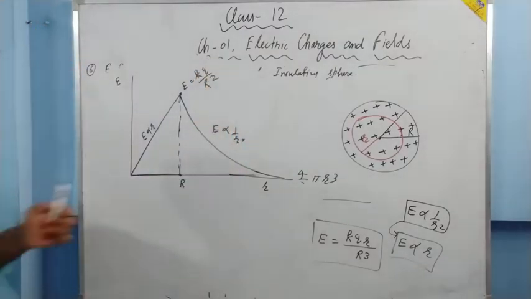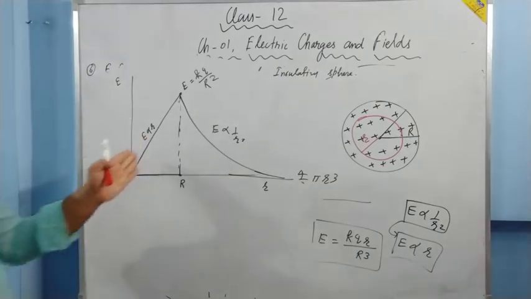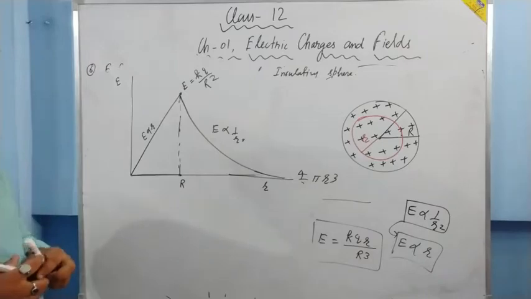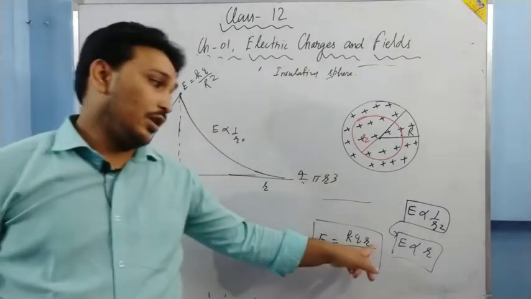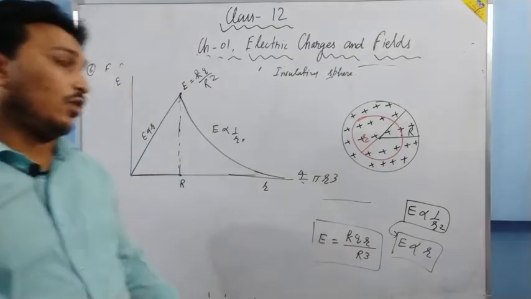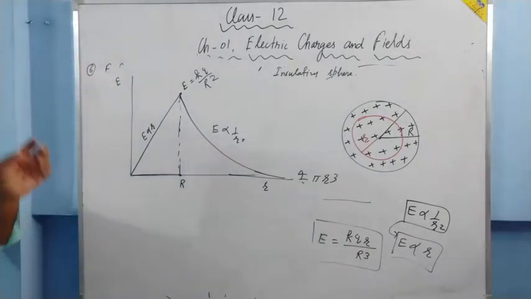Okay, so this is a very interesting factor that inside the sphere electric field increases with the distance from the center. At the center the electric field becomes 0 because r is equal to 0, E will become 0.